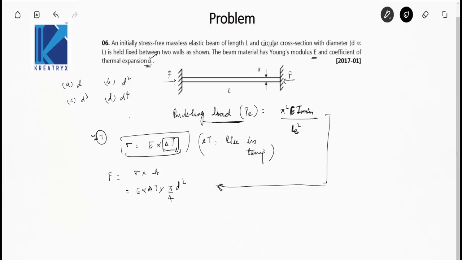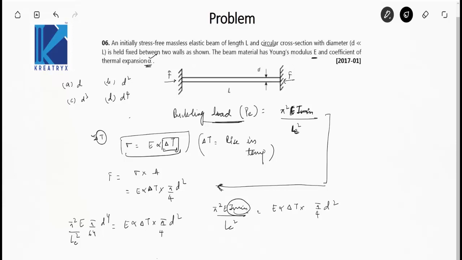Okay, so equate both of them. Pi square E I minimum by LE square is equal to E alpha delta T into pi by 4 d square. But wait a minute, I minimum is pi by 64 d raised to power 4. So pi square E pi by 64 d to the power 4 by LE square is equal to E alpha delta T into pi by 4 d square.